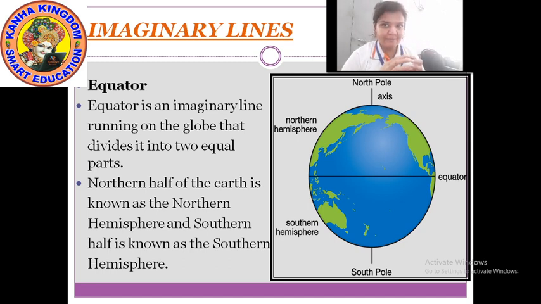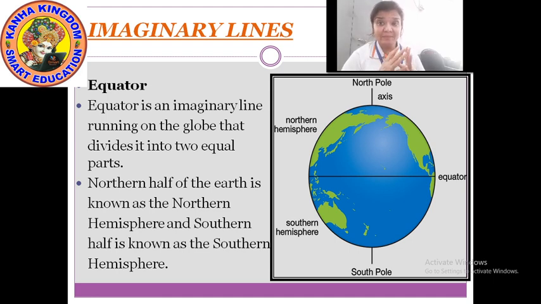Now as the earth rotates on its axis in the space, same ways there are axes on the globe also. Now this axis passes from the poles. So the upper pole is called as North Pole and the lower pole is called as South Pole.